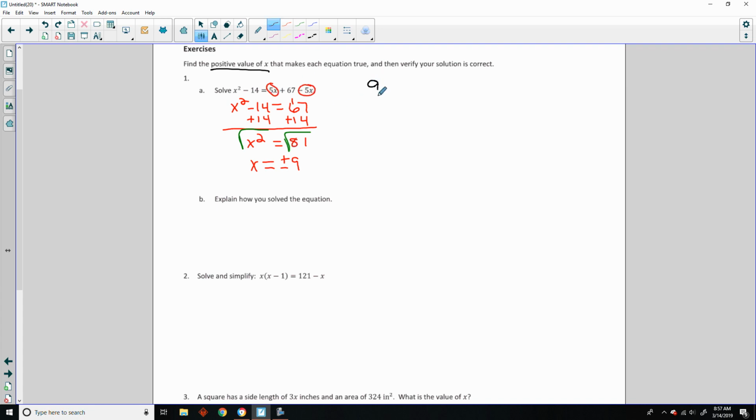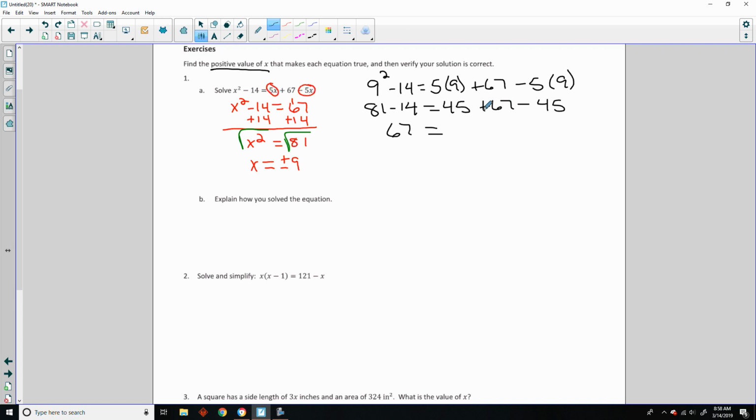So plugging in the 9, I get 9 squared minus 14 equals 5 times 9 plus 67 minus 5 times 9. 81 minus 14 equals 9 times 5 is 45 plus 67 minus 9 times 5, 45. 81 minus 14 is 67.